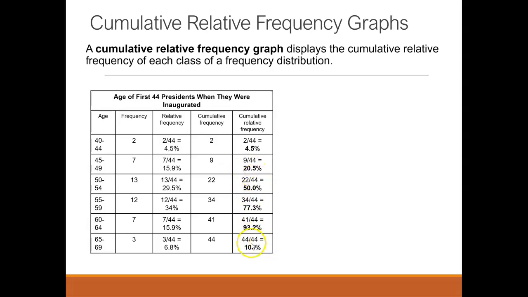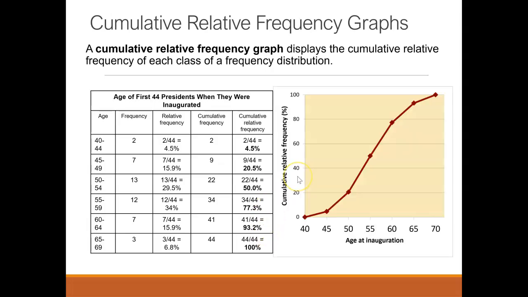Et cetera, et cetera. Notice the last category will always be 100% because it is including all of our observations. So if I graph my cumulative relative frequency, it's always going to be kind of like this S-looking curve. Is everybody okay with that?